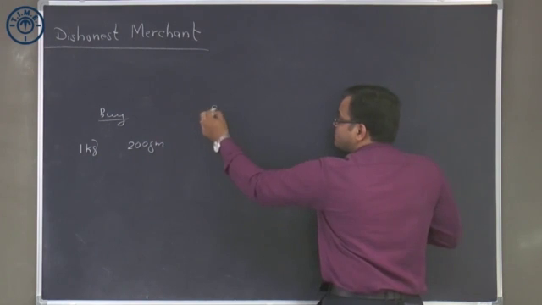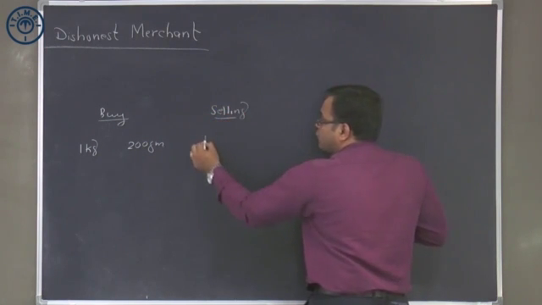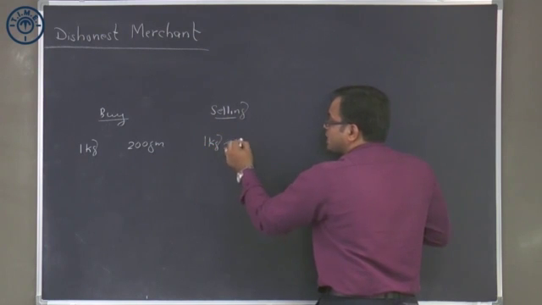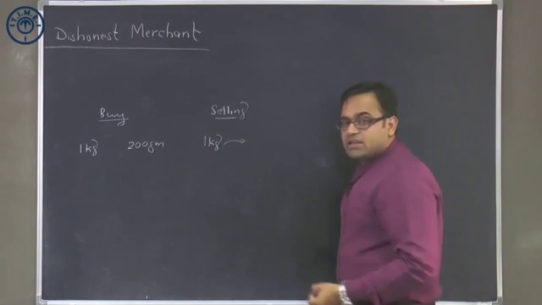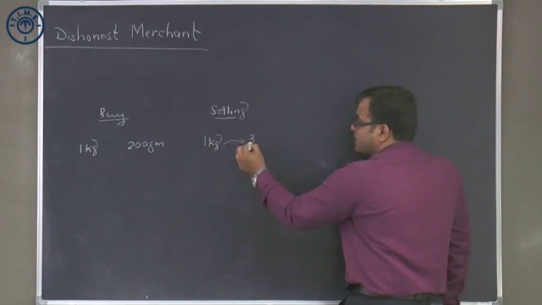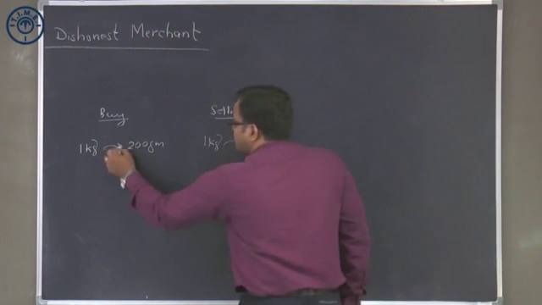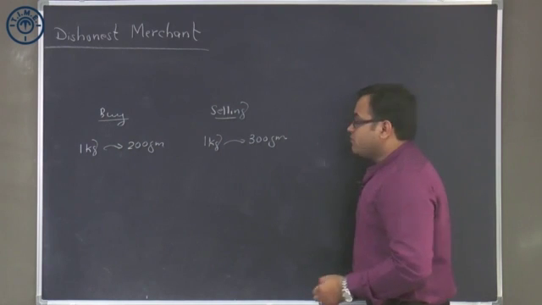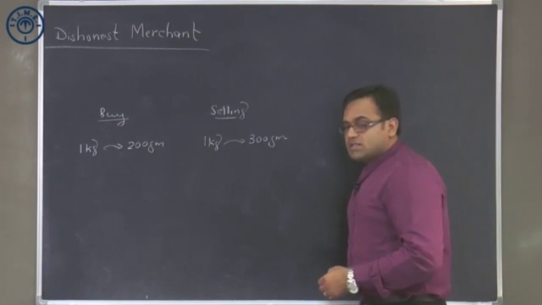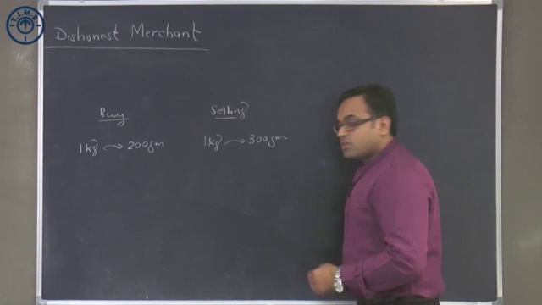When he is selling, for every 1 kg that he proposes to sell, he is underselling by 300 gram, let us say. So when buying, he is stealing by 200 grams. When selling, he is underselling by 300 grams.